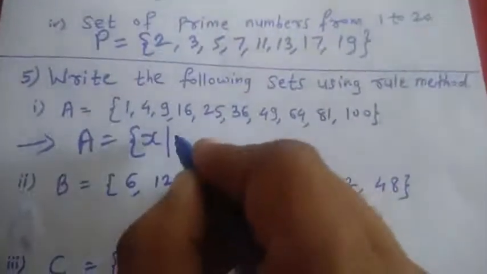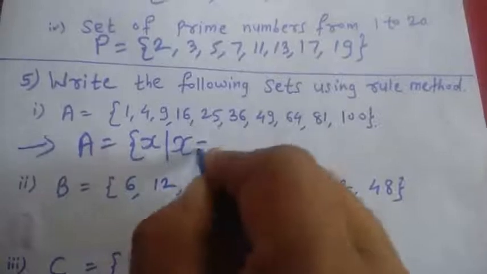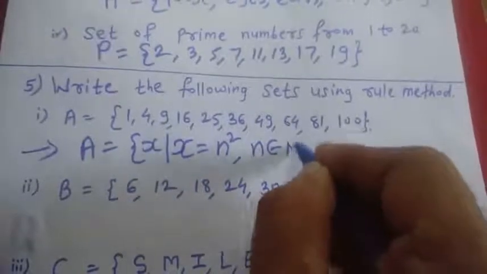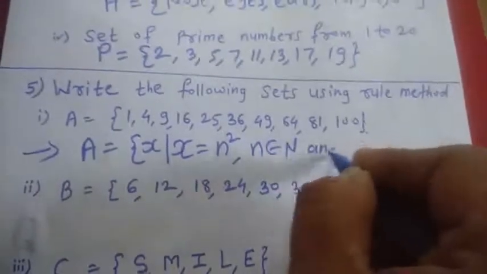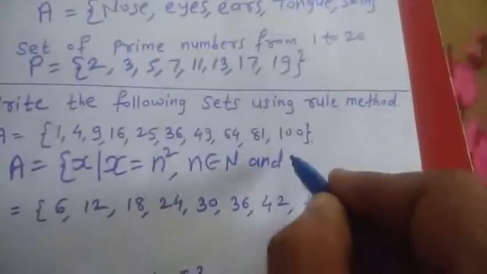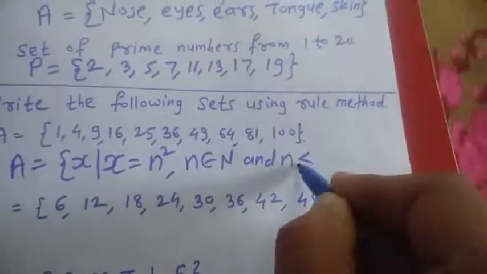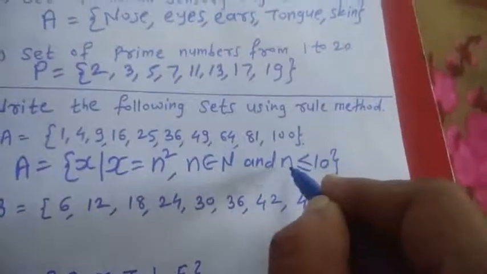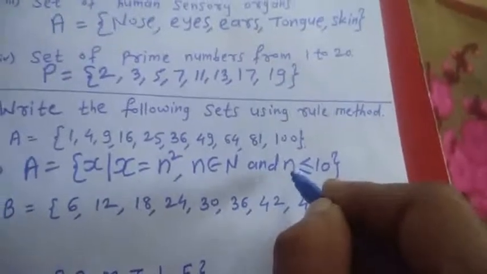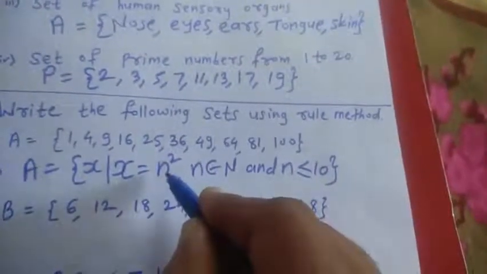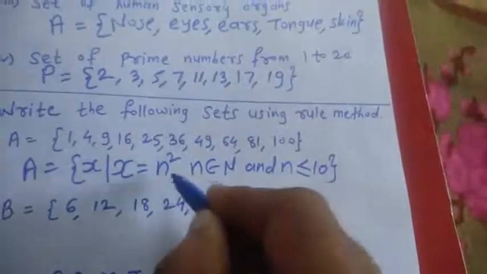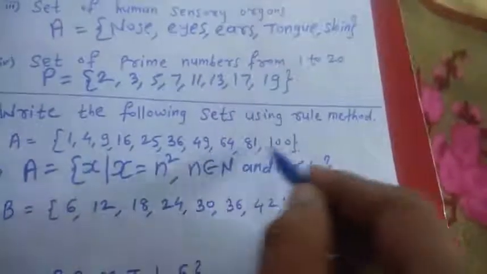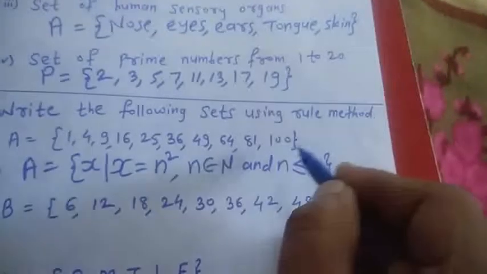So we can write this as x is equal to n square, where n is a natural number, n belongs to N, and n is less than or equal to 10. The value of n is 1, 2, 3, 4, 5, 6, 7, 8, 9, 10, as 1 square 1, 2 square 4, 3 square 9, 4 square 16, likewise up to 10 square 100.